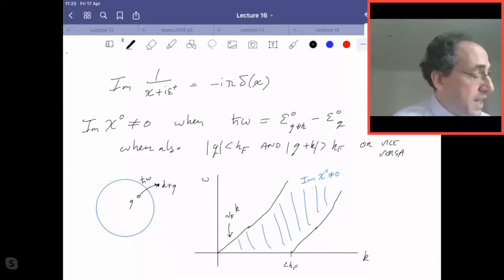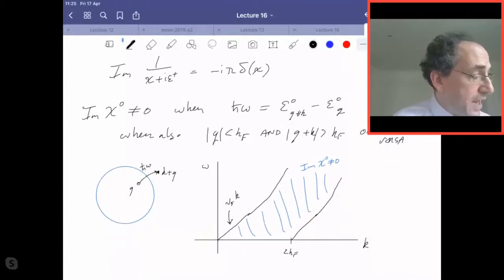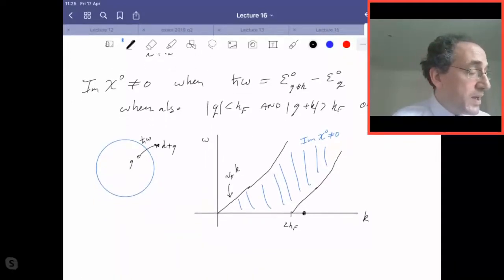Let's look at the case of omega equals 0 and k greater than 2kf, somewhere out here. Here we're looking for a low energy transition, omega very close to 0, which excites a particle by more than 2kf.